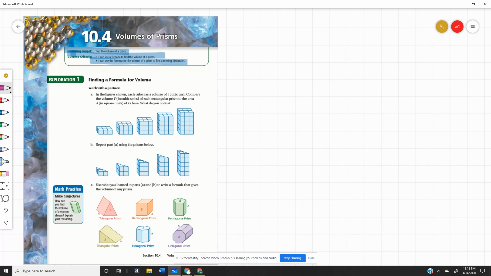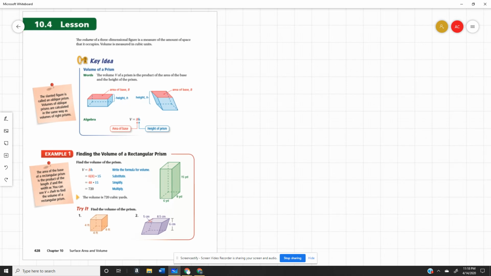The area of the base is 3 times 2, which is 6, right? And the volume is going to be that 6 times 5, so the volume is going to be 30. So when we compare them, we can see that we use the area of the base to find the volume, okay?